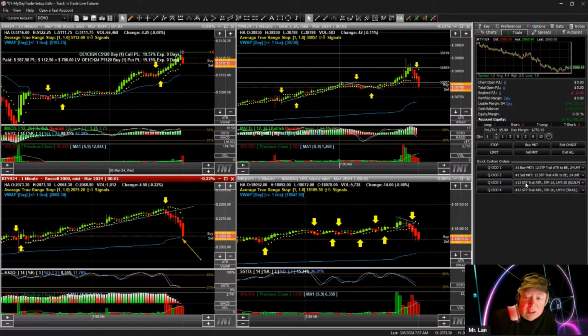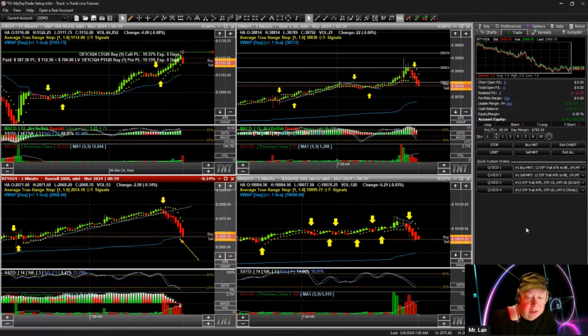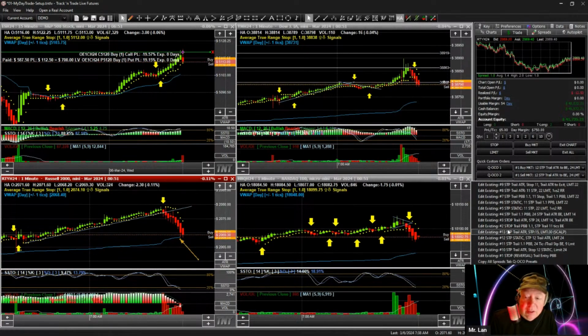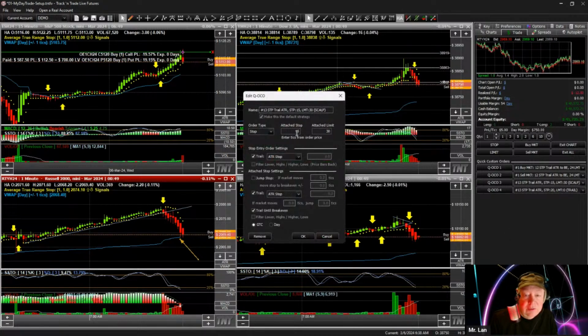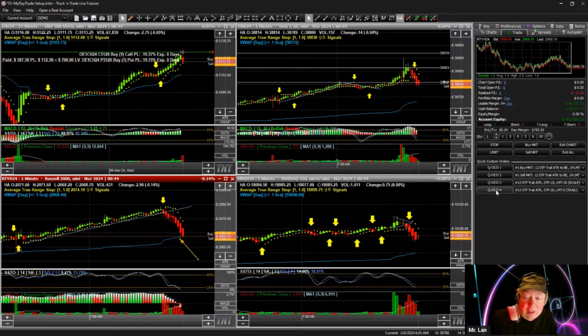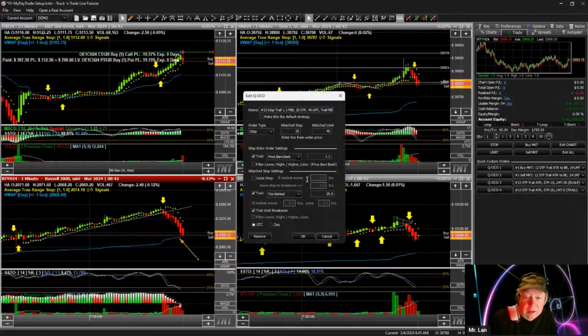We still got our number 13s up in here. Let's see, this says stop at 15. That one says stop at 20. What did we end up with? 13 says 15, 15. Limit 30. That's all right. This says 20, 20, 40, 40.